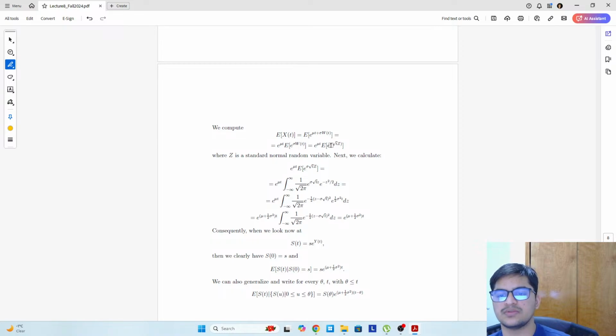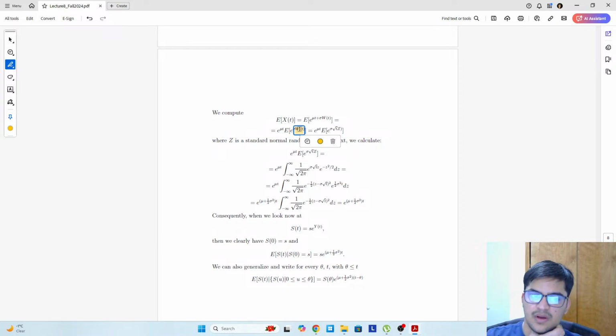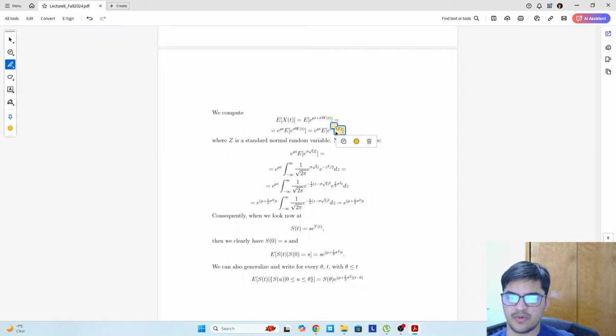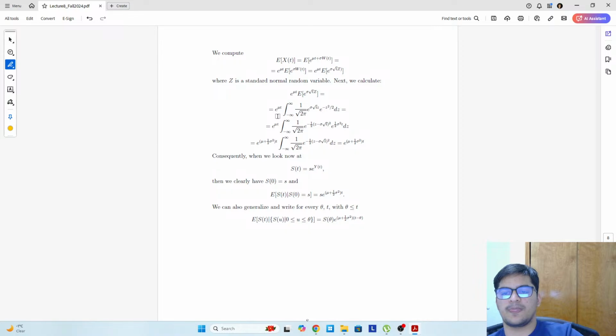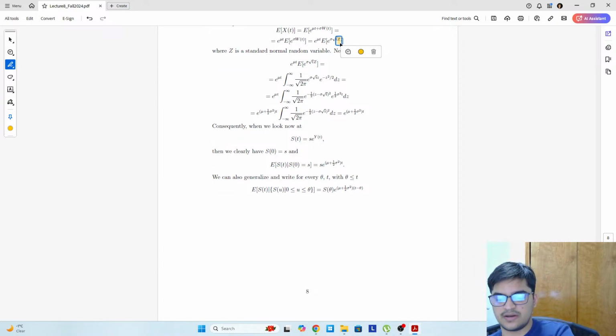So this was normalized, that's why the Z value came in here. Basically when you normalize, this is a normal distribution with mean 0 and variance t, and this becomes root t when you normalize it. Now Z has variance 1 and mean 0, so it's a standard normal random variable.